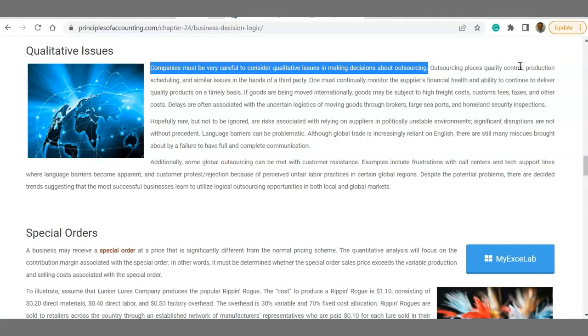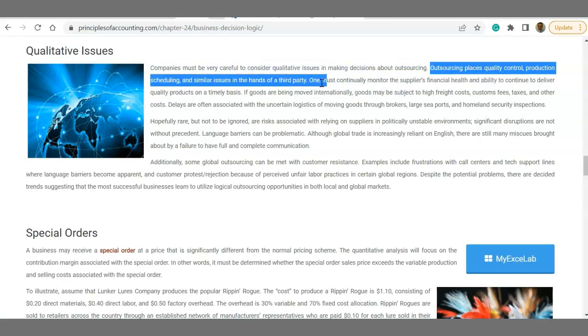Outsourcing places quality control, production scheduling, and similar issues in the hands of a third party, and nowadays that might be a somewhat risky issue, because if you cannot control the scheduling and the quality and even transportation, and let's say something happens, like the Suez Canal, which was closed a few years ago because of an accident. So if there is some type of transportation issue, all of a sudden everything will become very complicated.